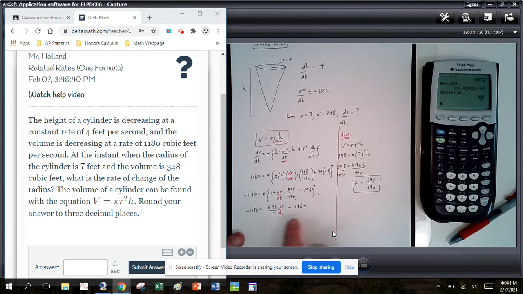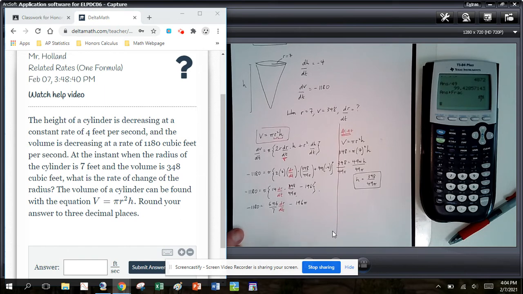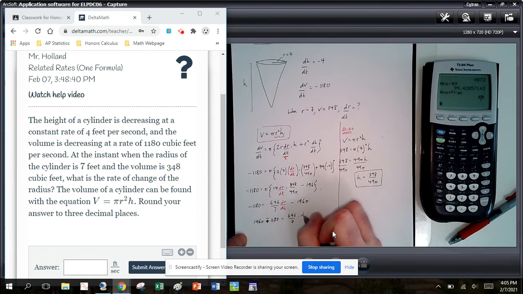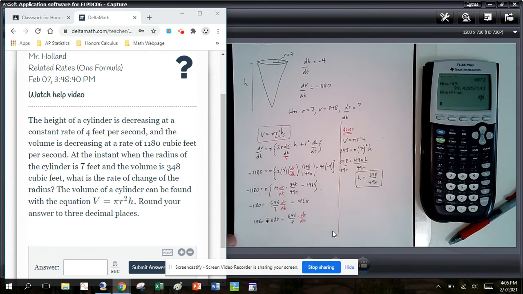Remember, I'm trying to solve it for dr/dt, so I'm going to add 196 pi to both sides. So that'll be 196 pi plus negative 1180 equals 696 over 7 multiplied by dr/dt.